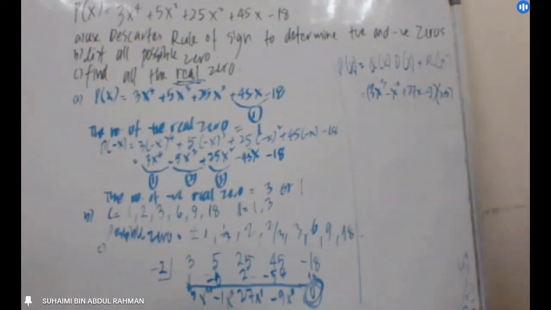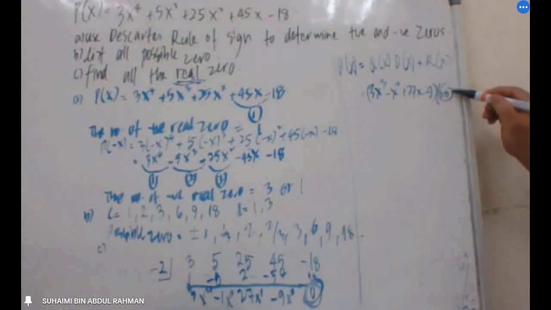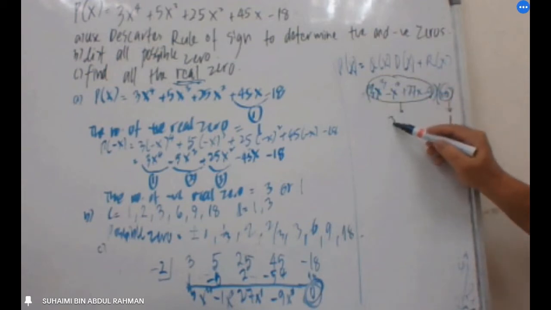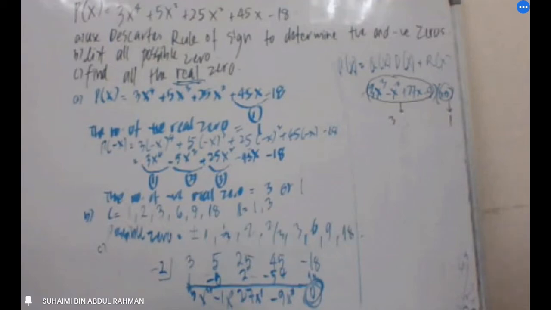Plus R(x). What is R(x)? 0. Now, we have one zero from here, and another 3 zeros will be here. 3 more zeros to be here.